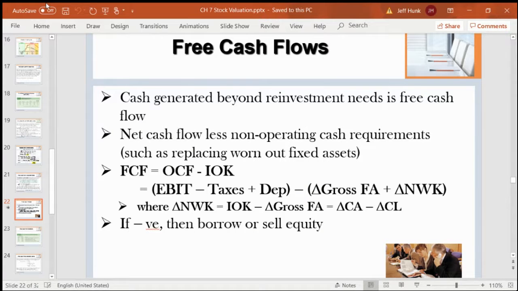EBT is the tax base for the IRS. As EBT goes down by 50K, the taxable income goes down, so the tax will go down by as much as 40% of 50,000.